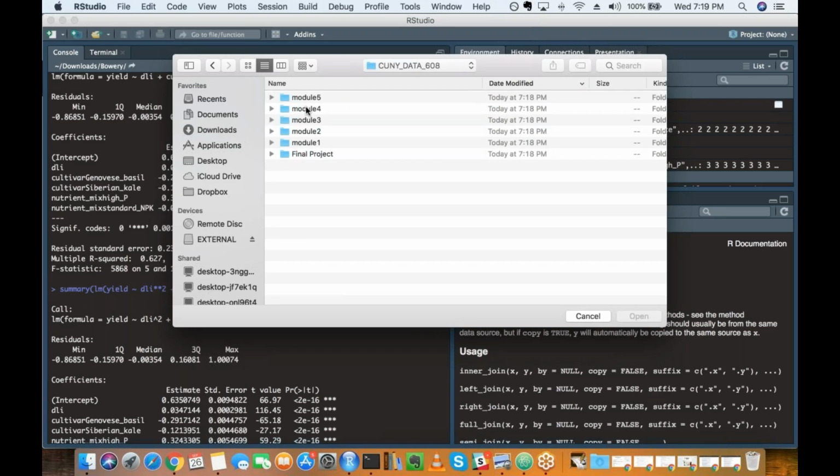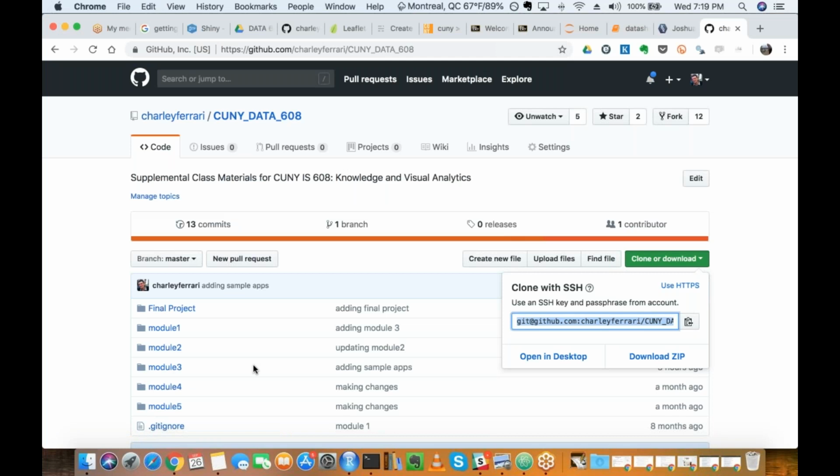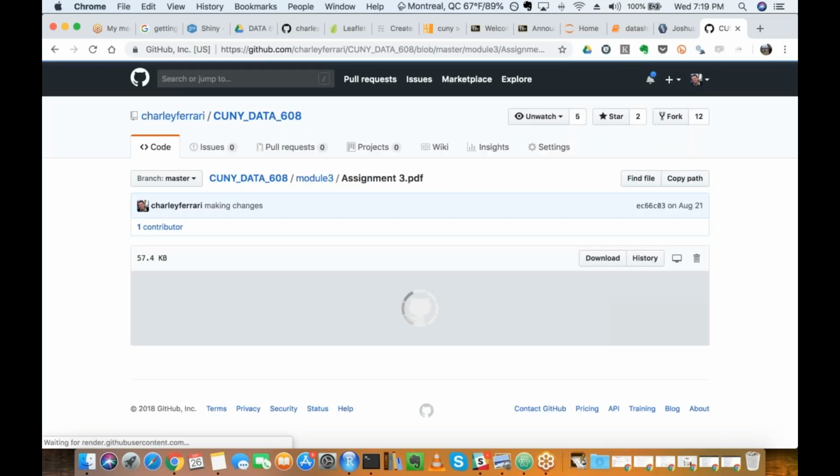I added some sample apps for Shiny, and I just wanted to go through a few of these. And since I'm here, let me bring up the assignment itself.